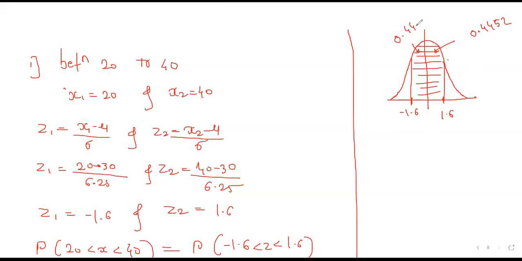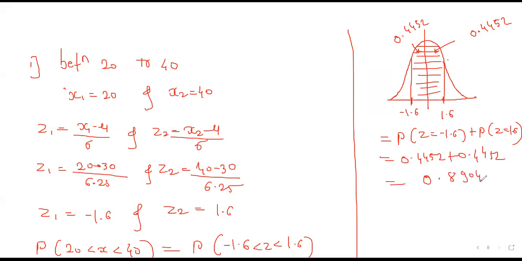So 0.4452, and we just have to add these. So the probability of minus 1.6 less than z less than 1.6 is equal to the probability at z equal to minus 1.6 plus the probability at z equal to 1.6, which is 0.4452 plus 0.4452, which is equal to 0.8904. But here we have to calculate the number of students obtaining marks between 20 to 40, so we multiply this probability by 2000.